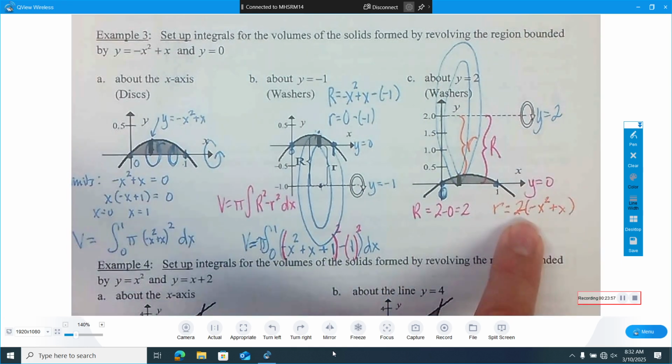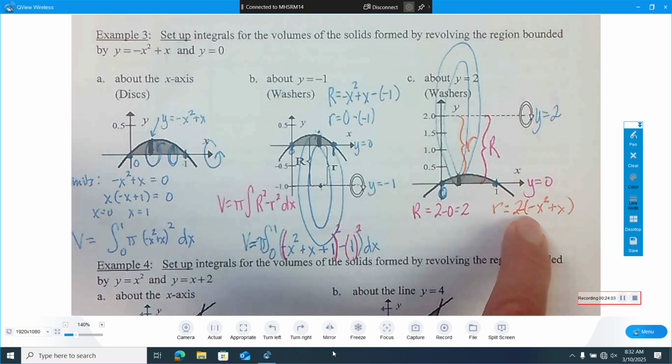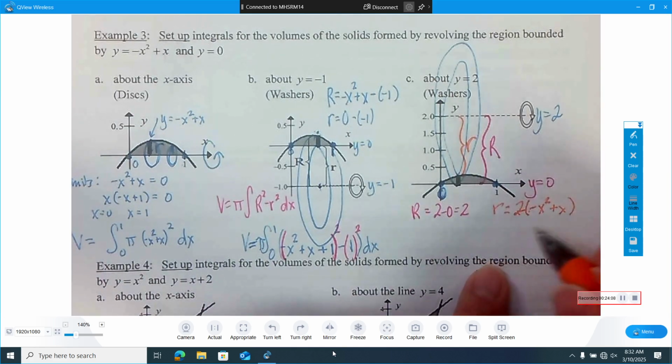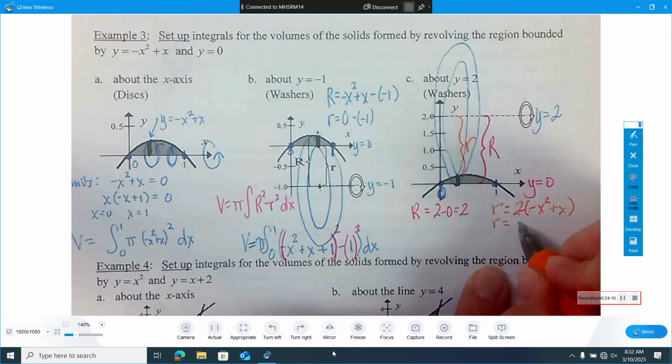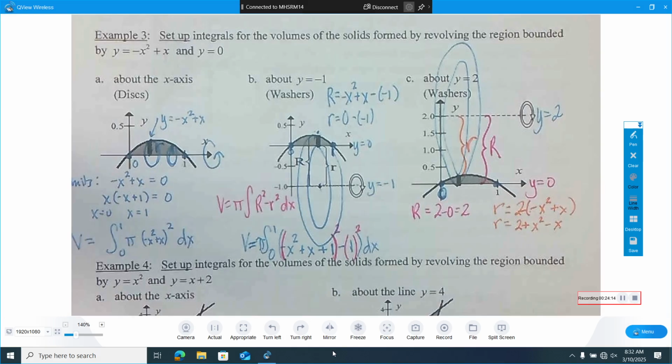I wrote my thing a little bit too smushy there, but that's 2 minus the quantity, negative x squared plus x. So again, anytime you have a subtraction, follow with parentheses just to make sure we distribute that right. So that'd clean up as 2 plus x squared minus x, if you will.